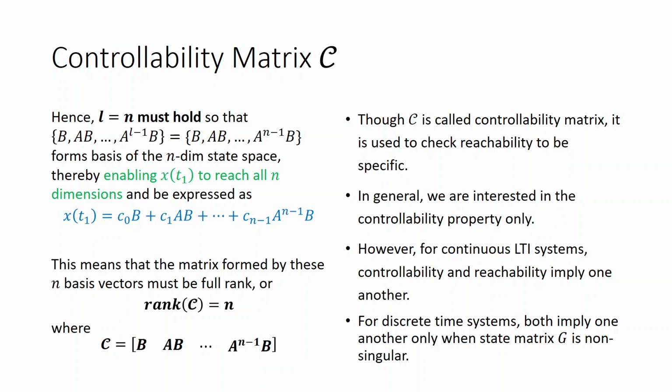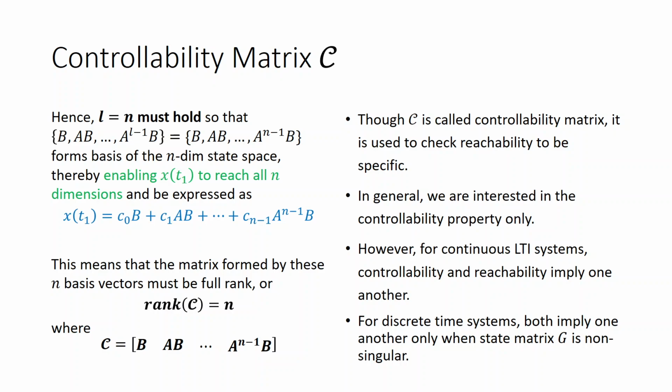So we form the controllability matrix, which requires some computation when you are doing pen and paper. A third order system or fourth order system will require some computation. When this computation is done, you form the controllability matrix C, and then you check whether all the columns are independent or not.